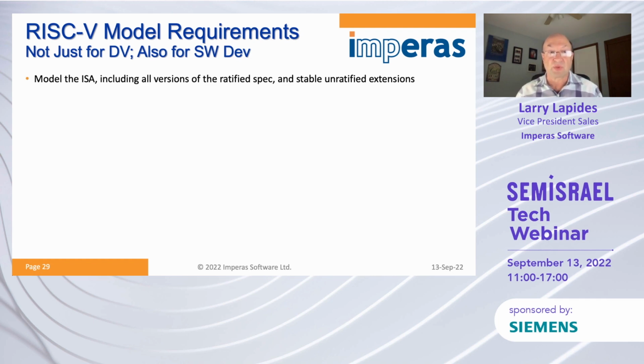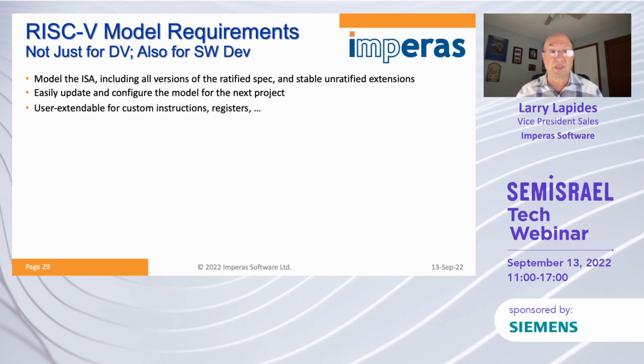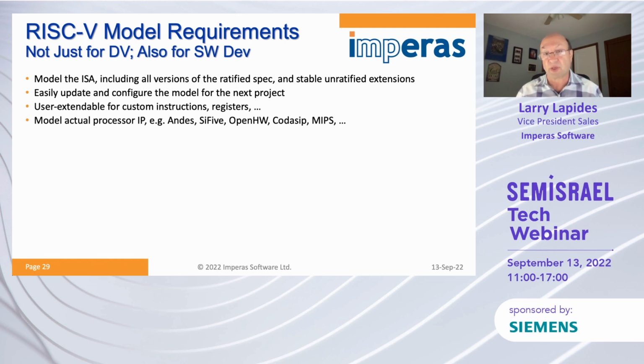So you want to be able to model the ISA, including all versions of the ratified spec and the stable unratified extensions. You want to easily update and configure the model for the next project. It needs to be user extendable for the custom instructions and registers. You need to be able to model the actual processor IP from different vendors.